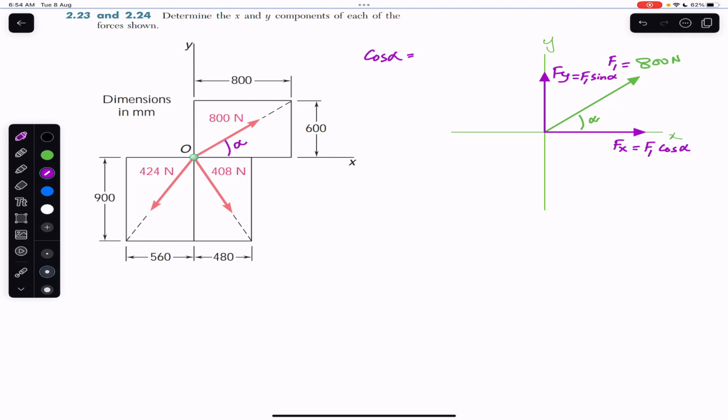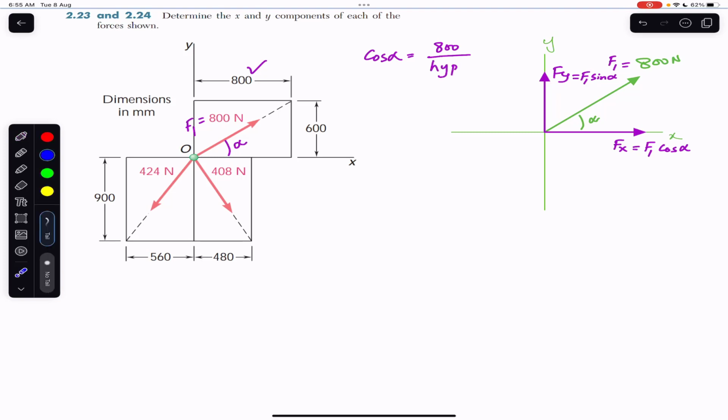The base of this right angle triangle is 800 and this is the hypotenuse. The hypotenuse is not known. For F1 equals 800 Newton, the base is 800 millimeters. So that is 800 divided by the hypotenuse.